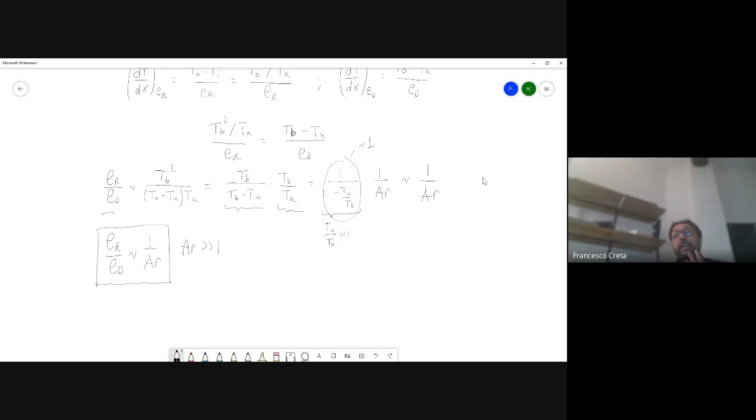So this is yet another proof of the fact that reaction layers are extremely thin, and they're confined to spatially localized, very thin zones. And the higher the activation energy or the Arrhenius number is, the smaller this ratio is.